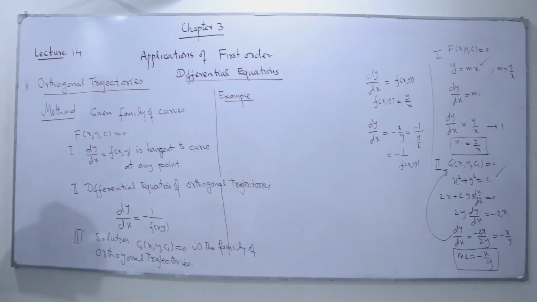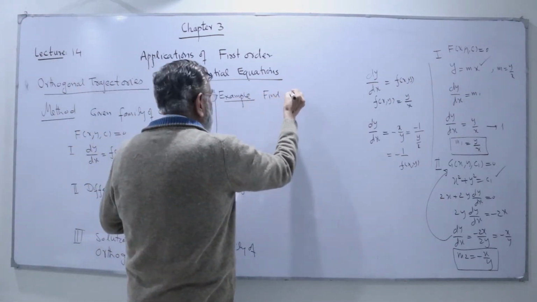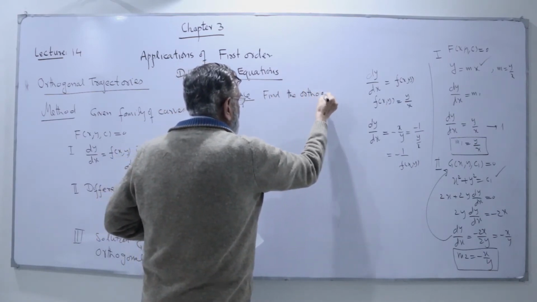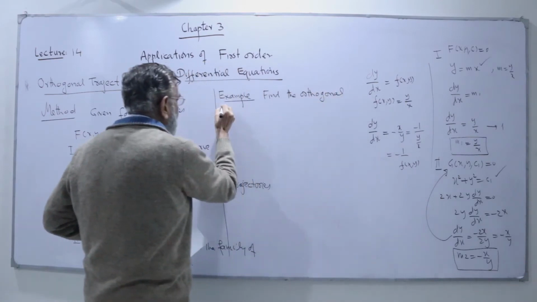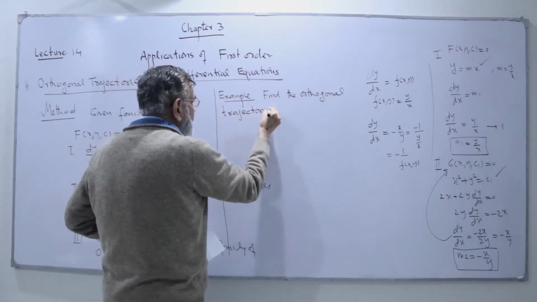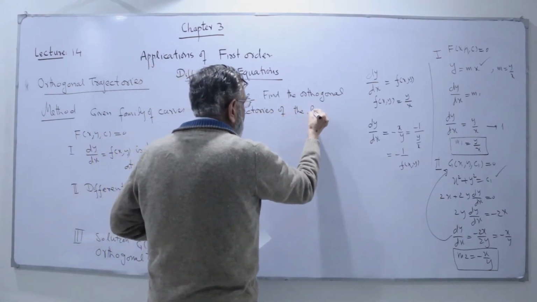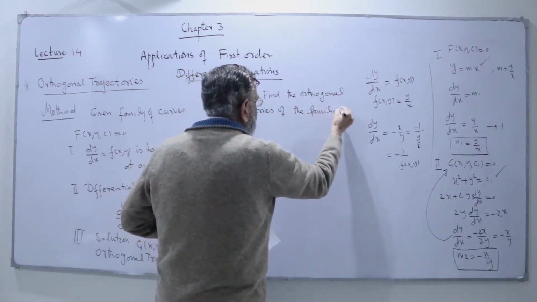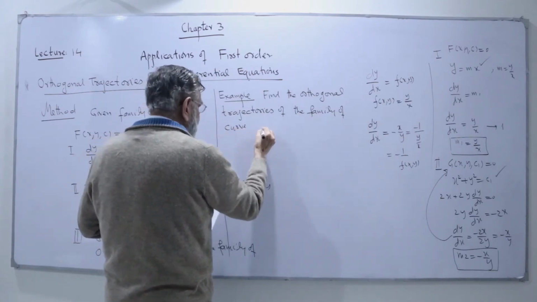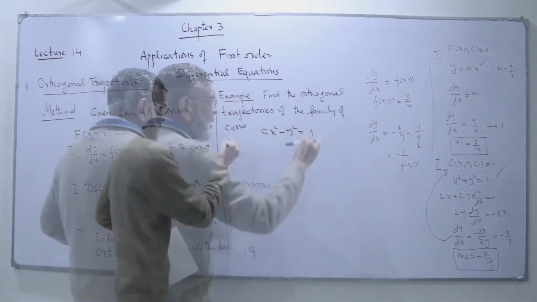So the example is: find the orthogonal trajectories of the family of curves given by the equation c1 x squared minus y squared equals 1.